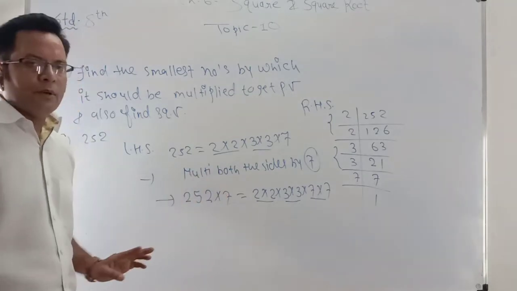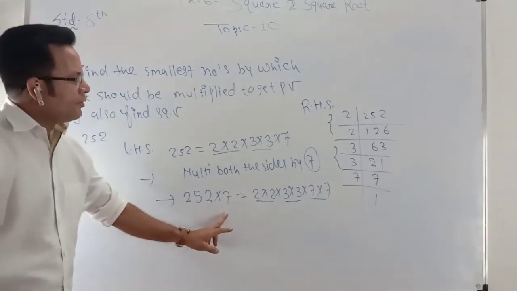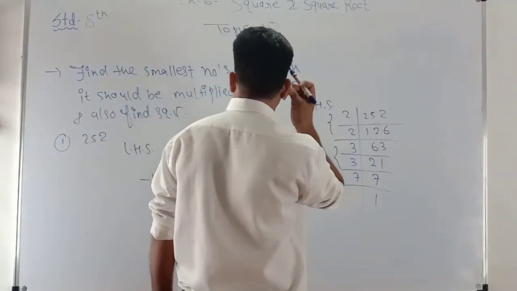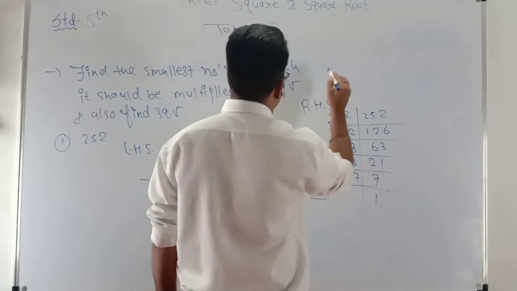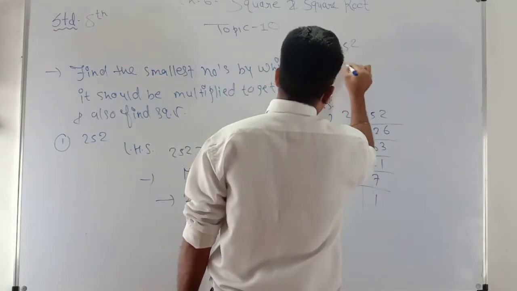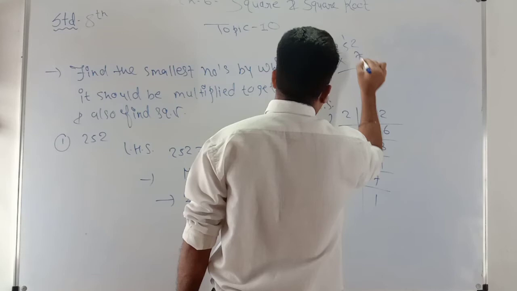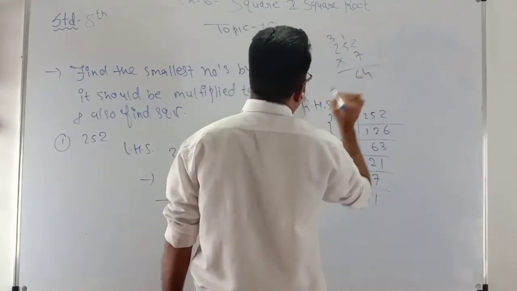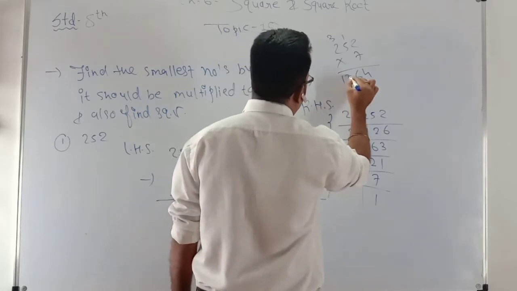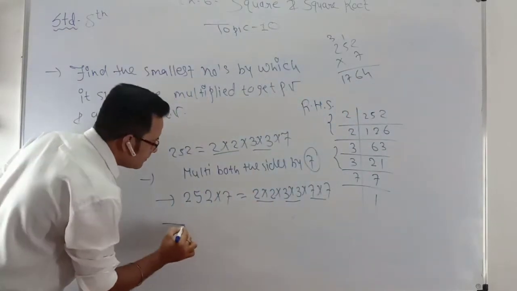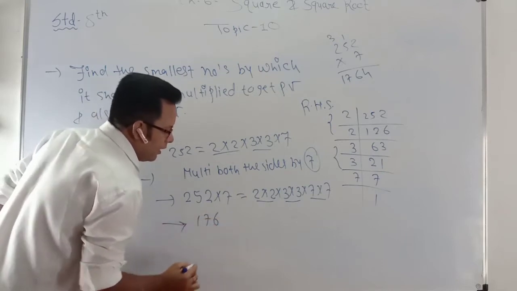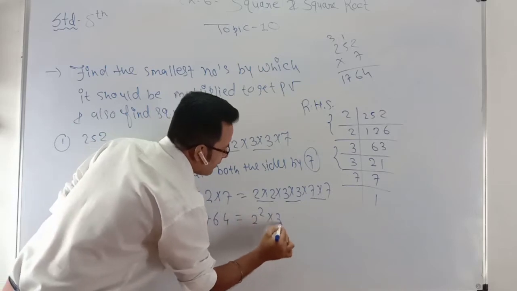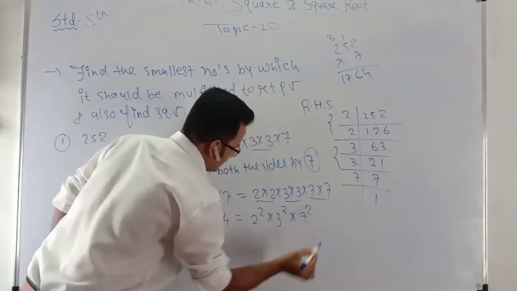Now you know that all the numbers are in pair. 252 into 7, you have to make the multiplication. 252 into 7: 14, 7 5s are 35 plus 1, 36, 7 2s are 14 plus 3... so 1764 is equal to 2 square, 3 square and 7 square.